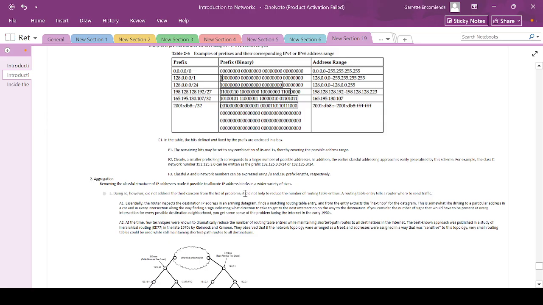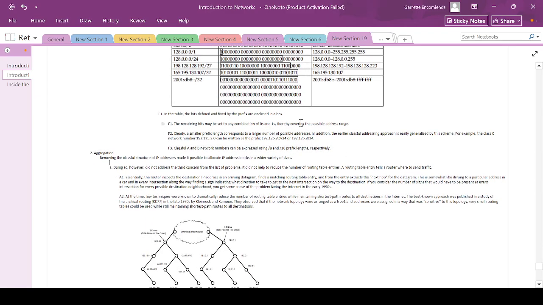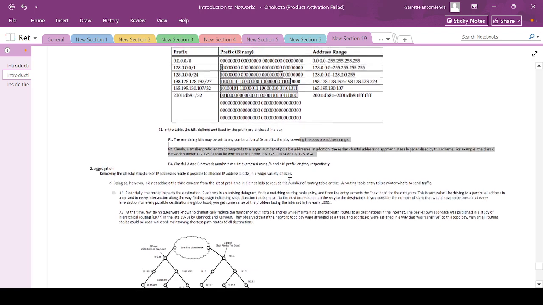In the table, the bits defined and fixed by the prefix are enclosed in a box. So these are the bits, for the slash 1, the slash 24, that are fixed by the prefix and enclosed in a box. The remaining bits may be set to any combination of zeros and ones, thereby covering the possible address ranges.